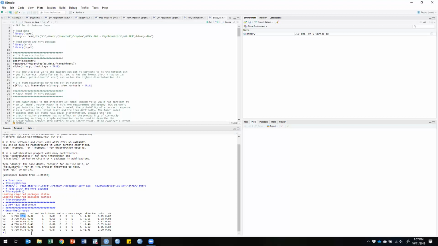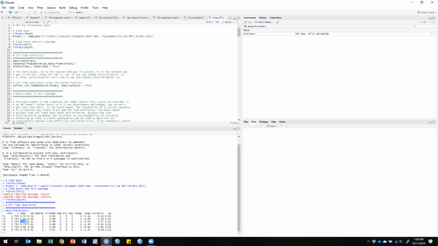We can see the mean here for question 1 is 0.78. So 78% of individuals got question 1 correct. And we can see question 5 would be the most difficult item. Only 65% of people got question 5 correct.